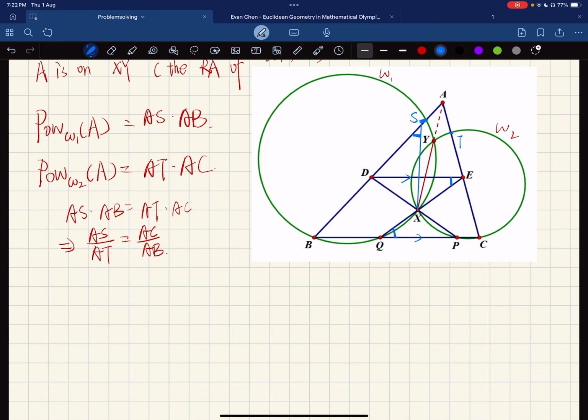So we find that angle DEX equals angle PQX equals angle DSX. Then D, S, E, and X are concyclic.